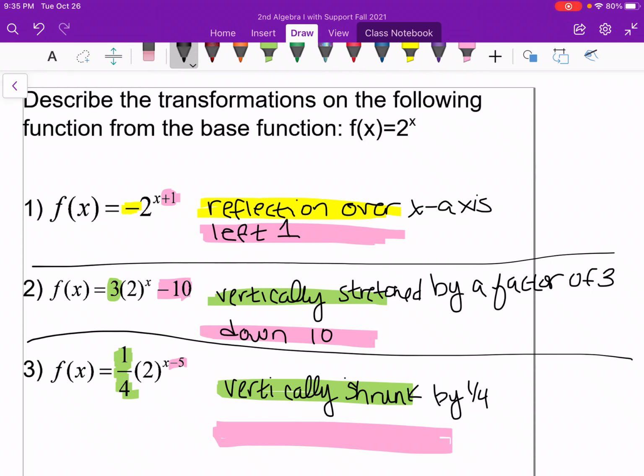And that minus 5, that's in the exponent, so it's in the H position, and that's the opposite of what you'd think. So it actually goes right 5.